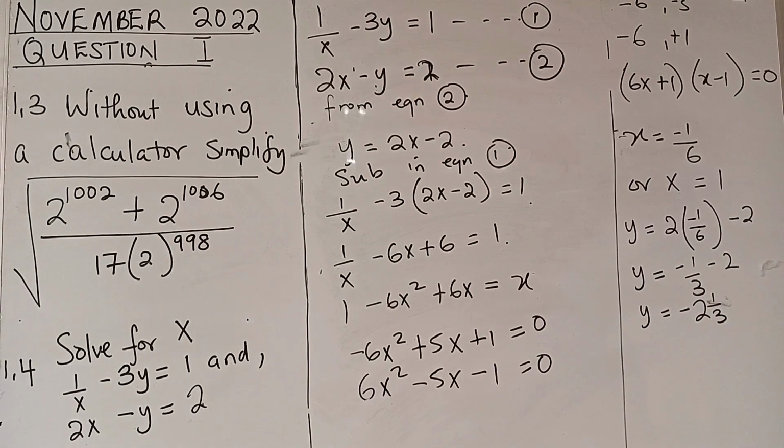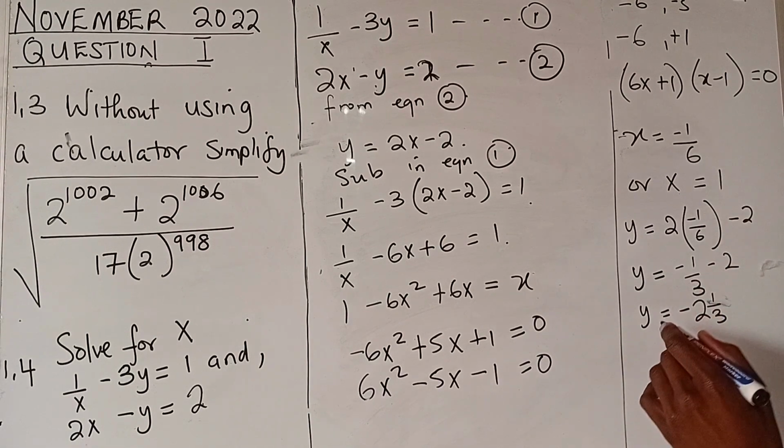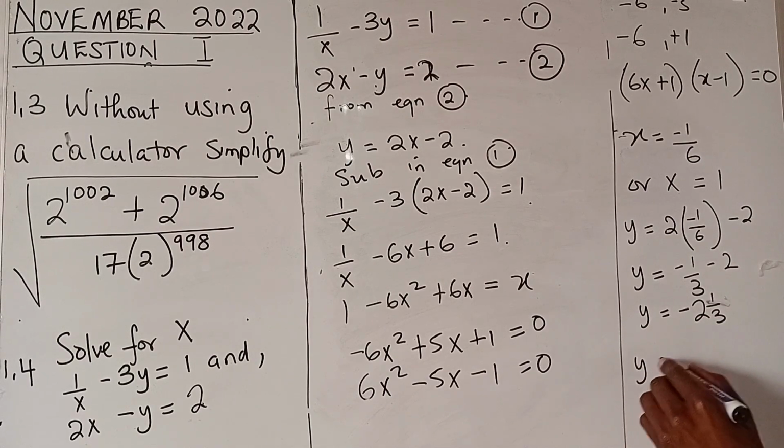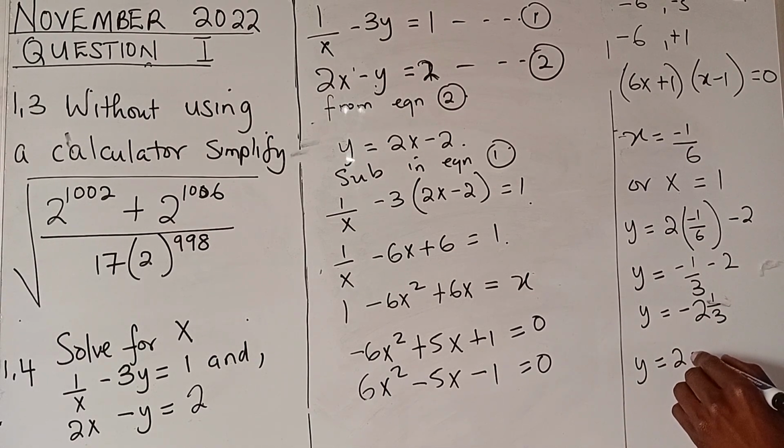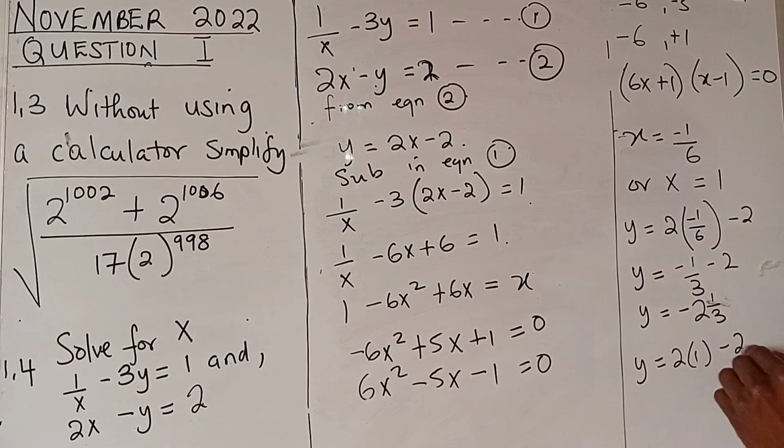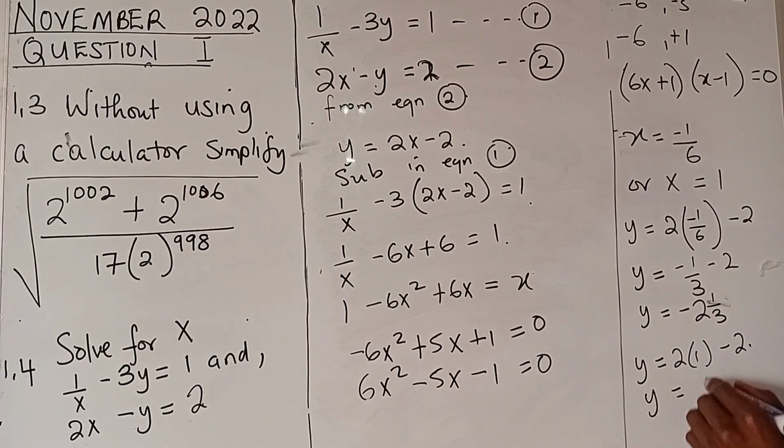Yes. Then for the other one, we are going to have y is equal to 2 bracket 1 minus 2, which will give us y is equal to 0.